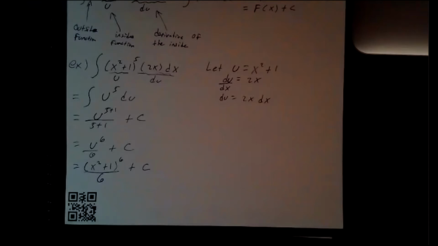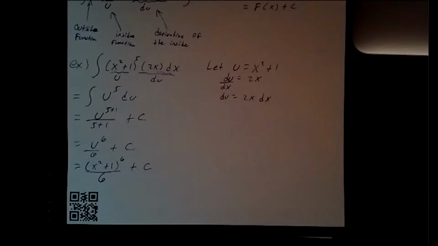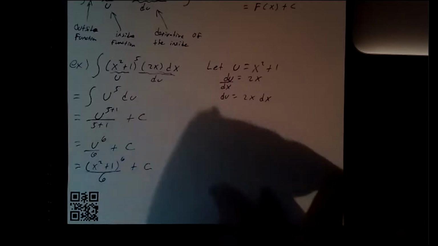Any other questions? Now I'm going to turn the page and do another one. It's the same way we do the square root, right? We just pull the stuff out. Pretty much, you'll let u be the stuff inside the square root.